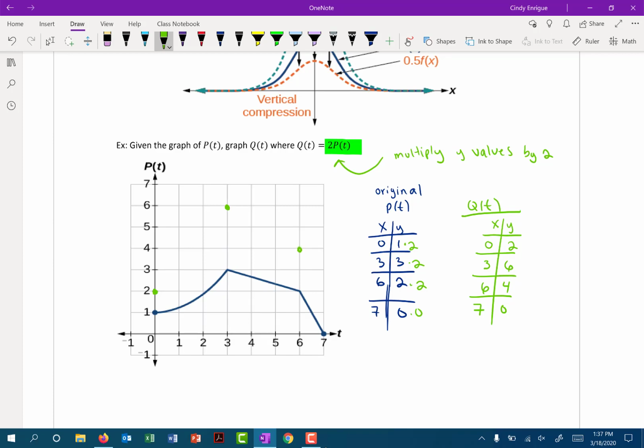And I have 7, 0. So now I can see that this graph got stretched by 2. So it's the same graph, except it's just stretched. I hope that makes sense.